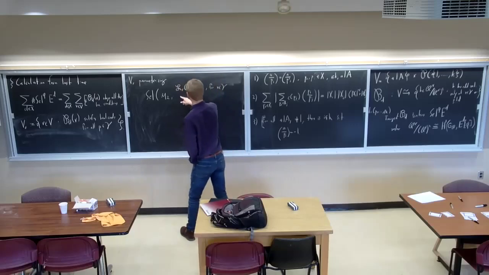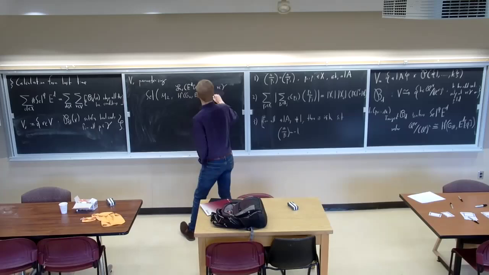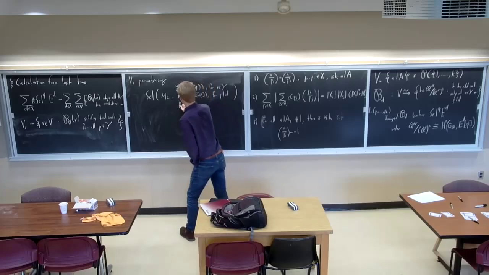And then for primes dividing D, we see that the local condition is everything. So H^1(G_v, E[φ]). And so this holds for p dividing D. And then at all remaining places, it's the unramified local conditions.